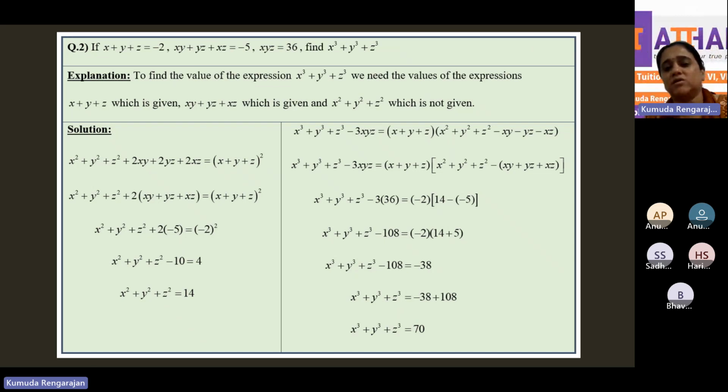Is my screen visible, online students? Yes, miss. Yeah. Please go through this answer and write down this answer. I'll come back and you can ask me a doubt. It's numerical, so I think you can help yourself.